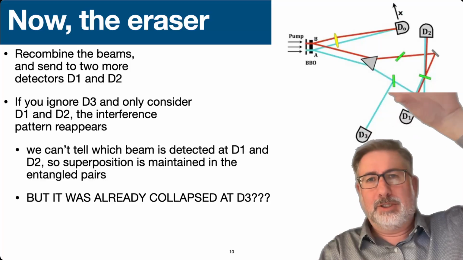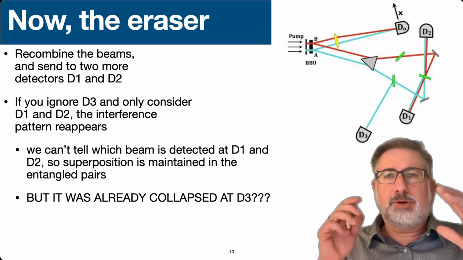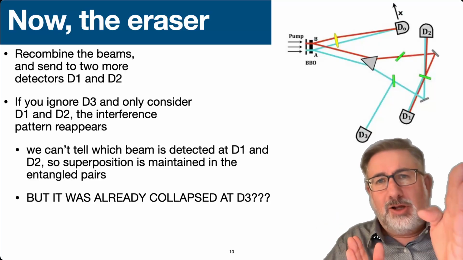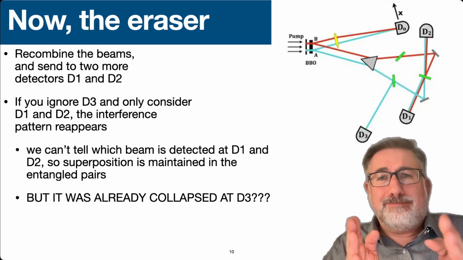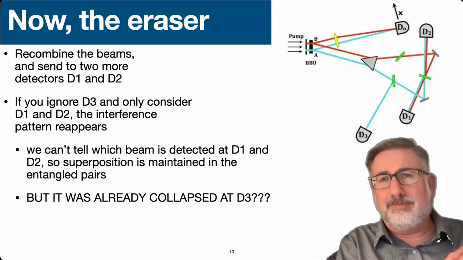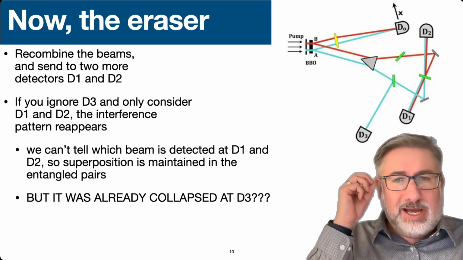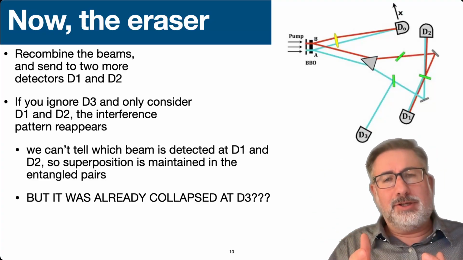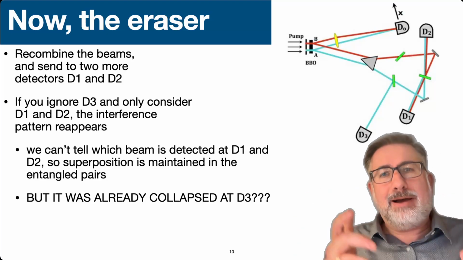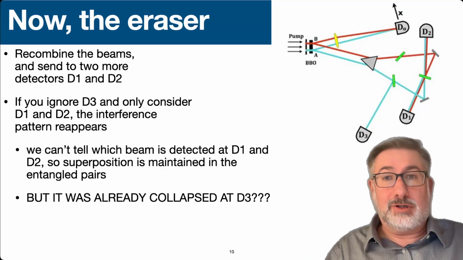This little triangle here with detectors D1 and D2 is a way of taking those two beams separated from slot A and slot B, and putting them back together such that you don't know which electron went through slot A or slot B. If you measure at D3, you have information about which slot the electron went through. That means you've measured it, and that means the wavefront at D0 collapses.